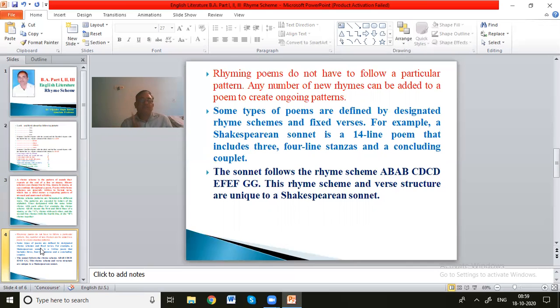It has a fixed rhyme scheme. This sonnet follows the rhyme scheme ABAB, CDCD, EFEF, GG. This rhyme scheme and verse structure are unique to a Shakespearean sonnet. It means it is not found or observed in any other form of poem. It is peculiar to the Shakespearean sonnet.